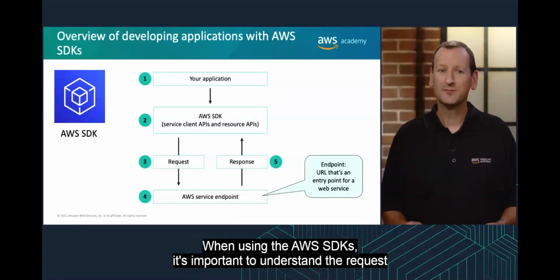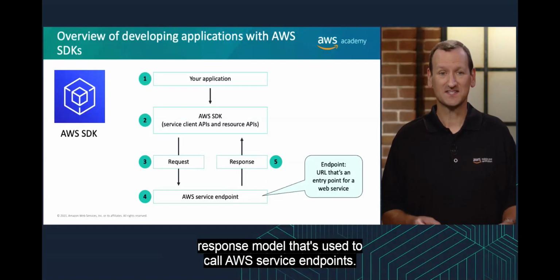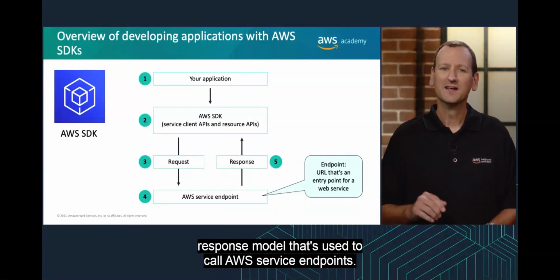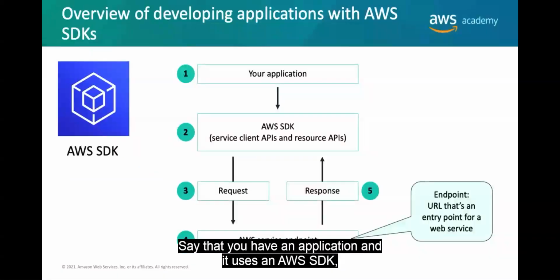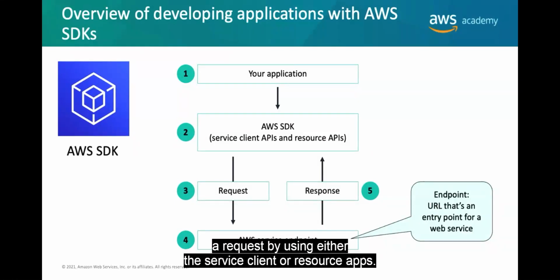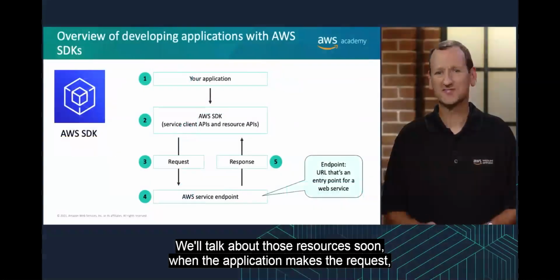When using the AWS SDKs, it's important to understand the request-response model that's used to call AWS service endpoints. Say that you have an application, and it uses an AWS SDK. In the request-response model, your application initiates a request by using either the service client or resource APIs. We'll talk about those resources soon.